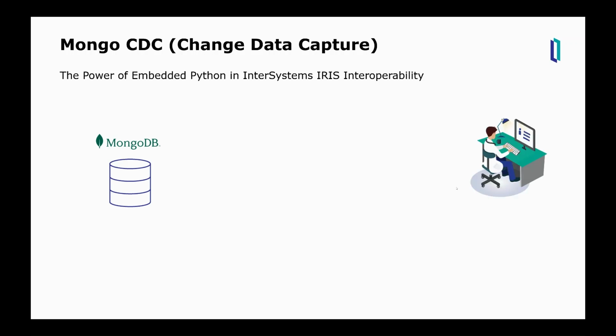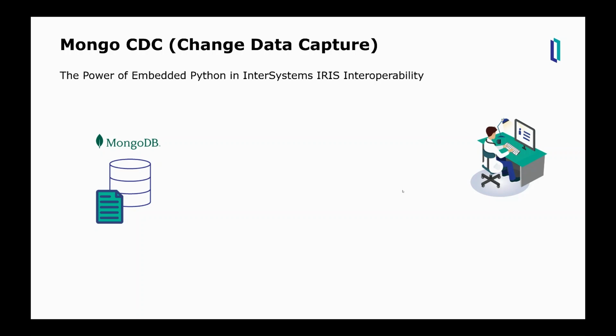And on the other side, we have an electronic medical record, an EMR, which is interested in some of this information that's being inserted into the MongoDB. So we would like for when a document is inserted into the MongoDB database, that the EMR should be updated.